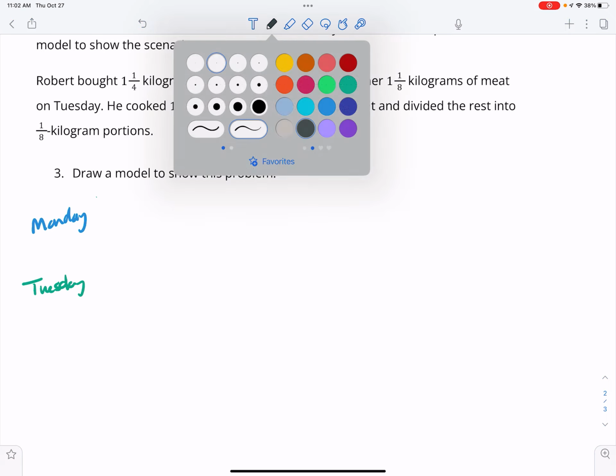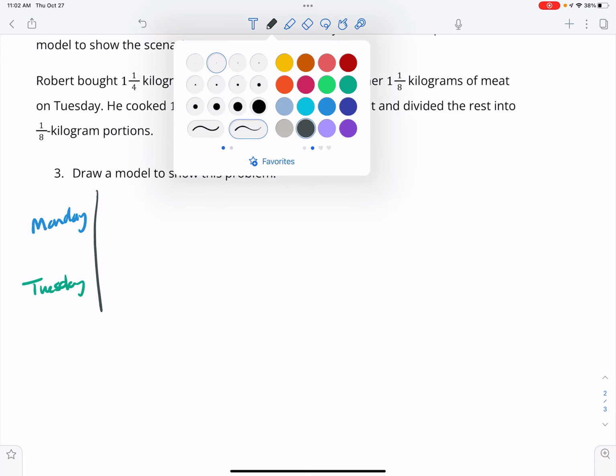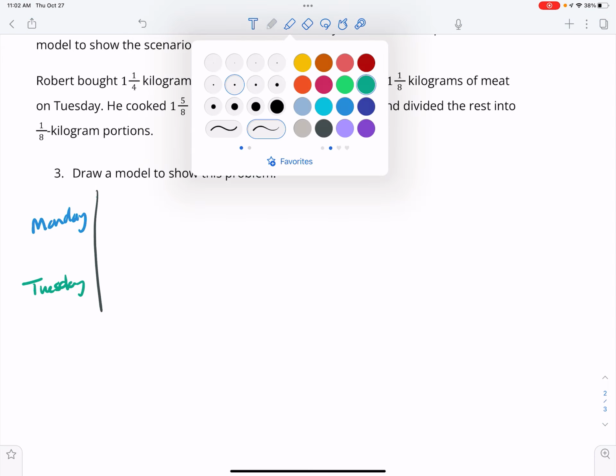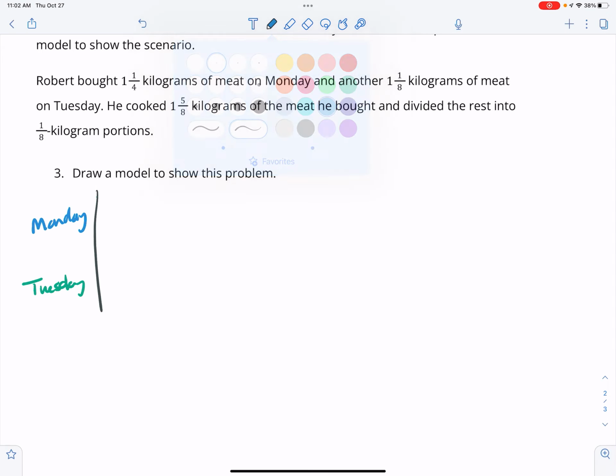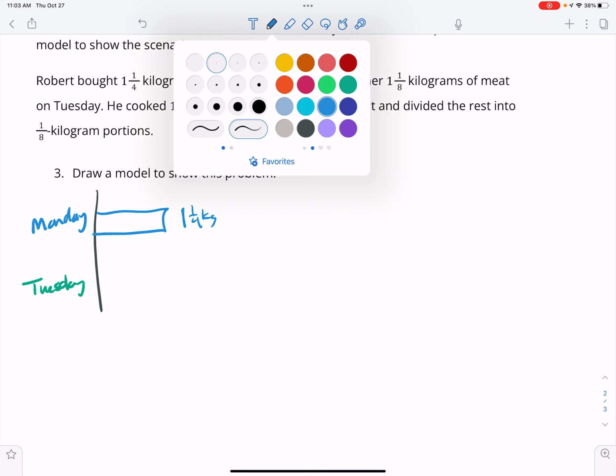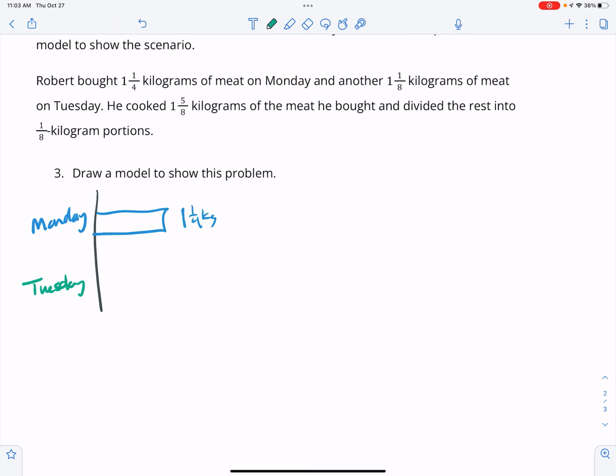And so on Monday, he bought, I want my blue back. Come here, blue. He bought 1 1/4 kilograms of meat. And then on Tuesday, he bought 1 1/8. So I'm going to make this one just a little bit shorter because I know 1 1/8 is a little bit less.